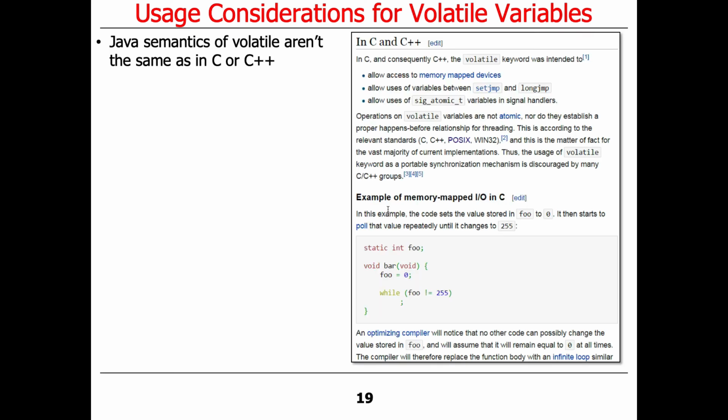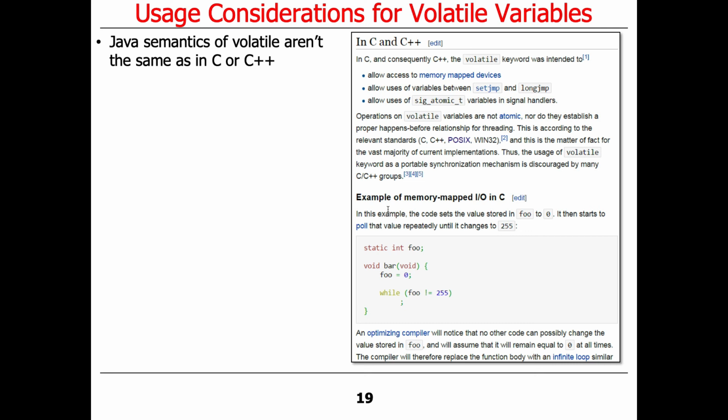As we discussed earlier, the semantics of volatile are not the same as they are in C++ and Java. And this is very confusing to C and C++ developers. So in C and C++, the basic intent of volatile is to say, this variable may change in unexpected ways, so don't optimize it, compiler. Don't optimize it away. Even if it appears redundant, don't get rid of it.